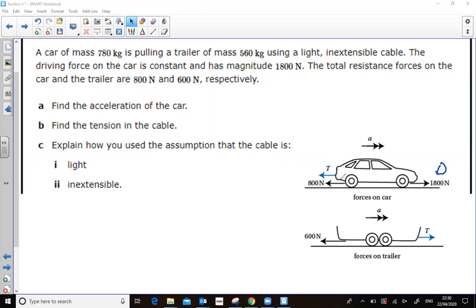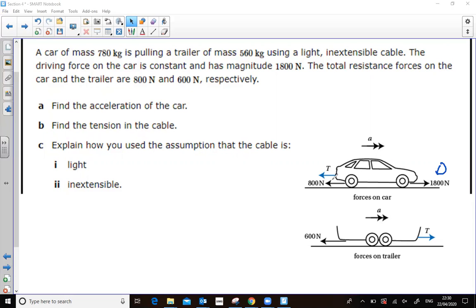Okay, and what else do we have? Well, there is a resistance force to the car, which is 800 Newton, and because it's a resistance force, that means it will act against the motion. If the car is accelerating towards the right-hand side, then the resistance force of 800 Newton should be acting towards the left-hand side.